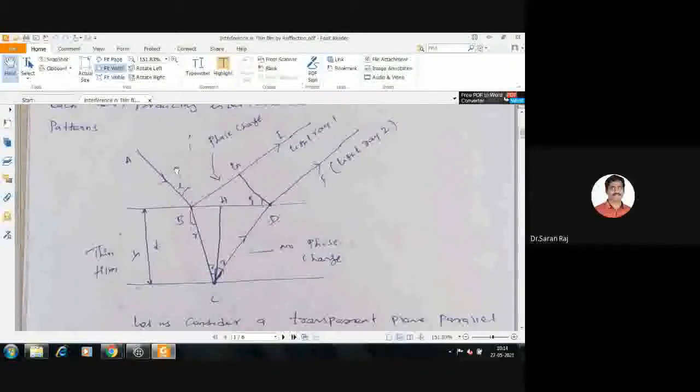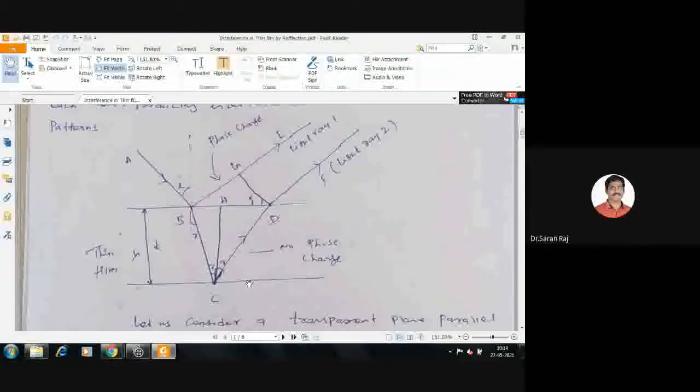The transmitted light falls on the back surface of the glass plate, that is the point C. At C, some amount of light is reflected and some amount is again transmitted.